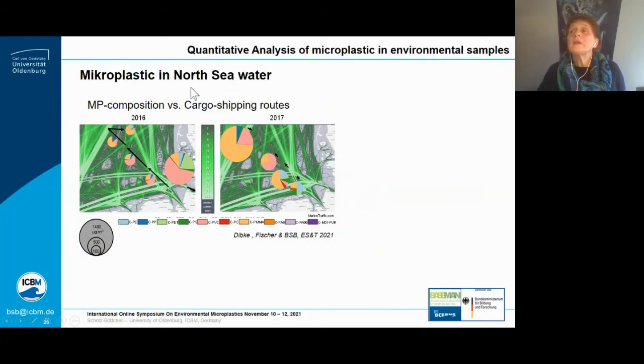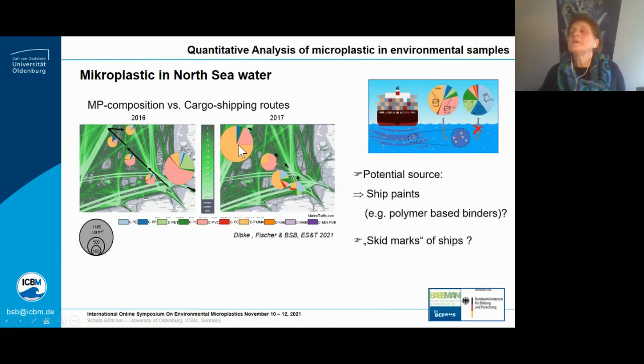When we overlay our results with cargo shipping routes of the same years where the samples were taken, we observe quite a high correlation between high levels and, for example, the transects where these samples were taken.